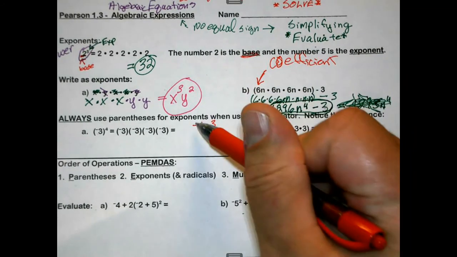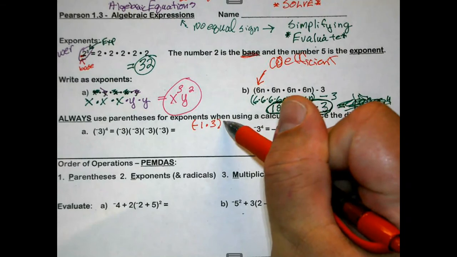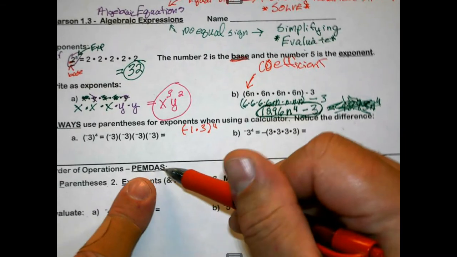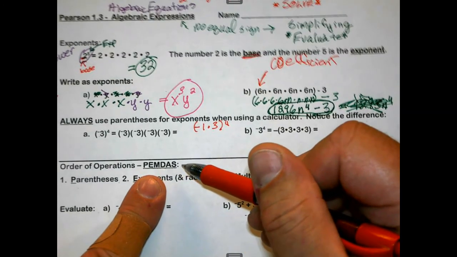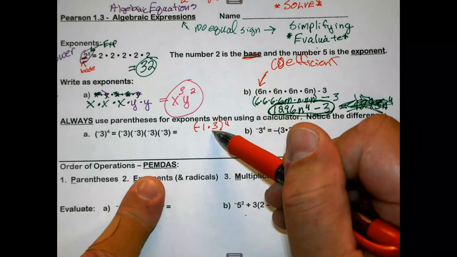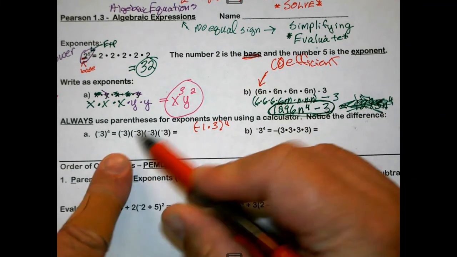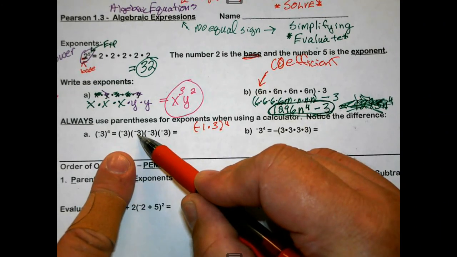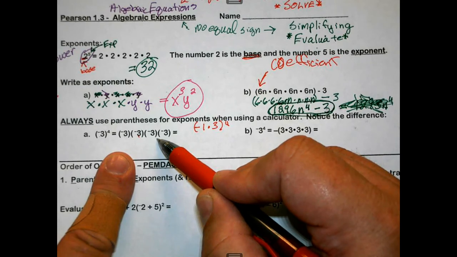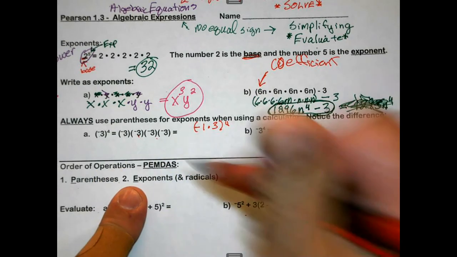Now, if you include this in parentheses and then raise it to a power, you're forcing PEMDAS. You're forcing it to take negative 1 times 3 first and then multiply it by itself 4 times. So negative 3 times negative 3 is positive 9, times negative 3 is negative 27, times negative 3 is a positive 81.